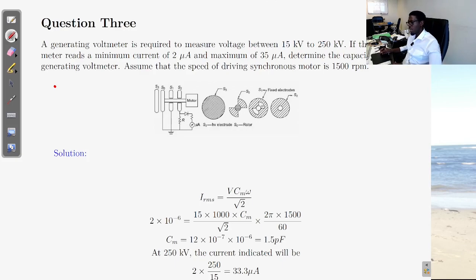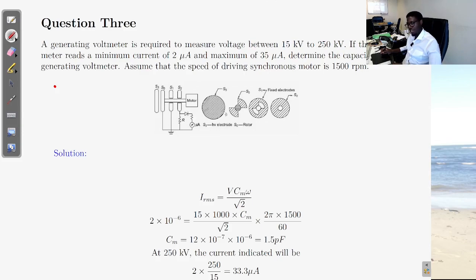Now, how it varies the capacitance is by its design. So this design has got these plates, if you can see the spaces in here, and these plates cover up these spaces here on the fixed plates or the electrodes. So this rotates, the rotor rotates, and because it's got variable spaces where plates are missing in these sections, this creates the variability of the capacitance.